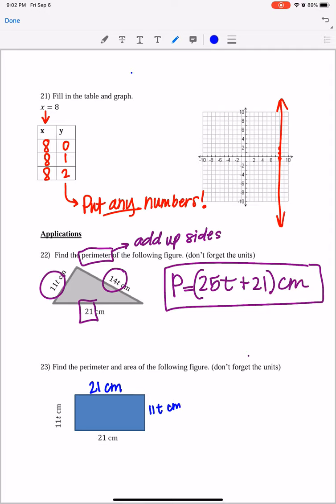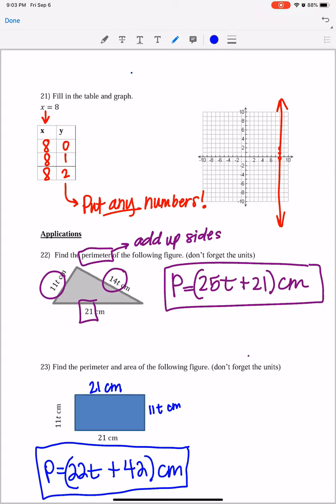So add these all up. 11T plus 11T is 22T. And then 21 plus 21 is 42. Don't forget units. So this is centimeters.